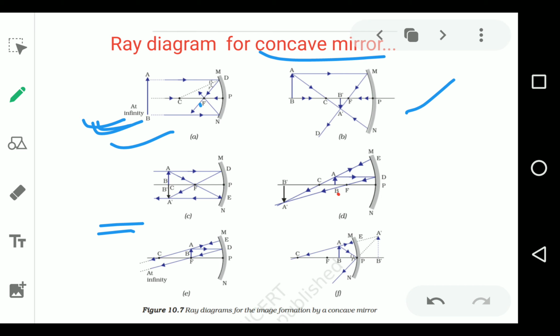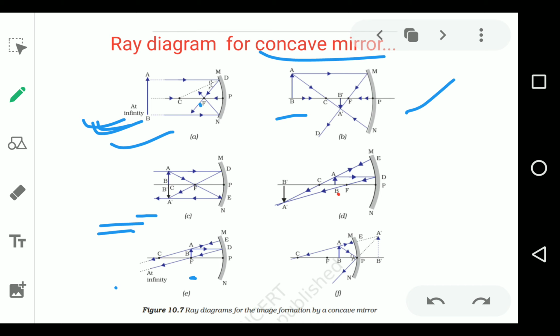Then it comes a little towards the mirror, placed beyond C. Now it is at C, and in the next two diagrams the object is placed between C and F. In the next diagram the object moves to F, at focus, and in the last one the object is placed between F and P.